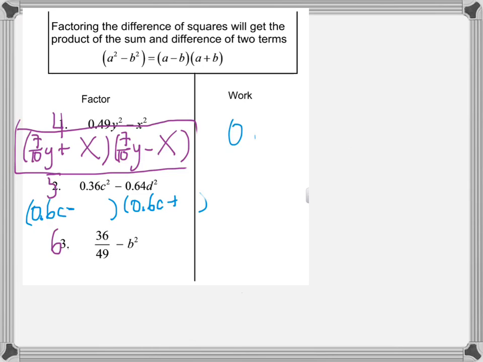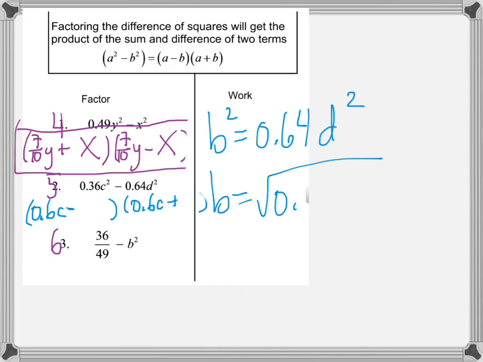So we have 0.64. So this is our b squared term, with d squared. Okay, so b is going to be the square root of that.